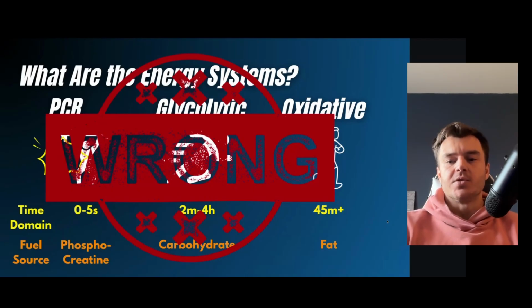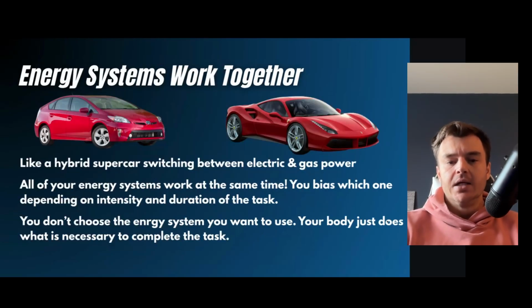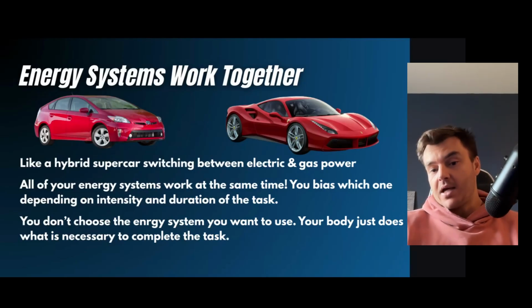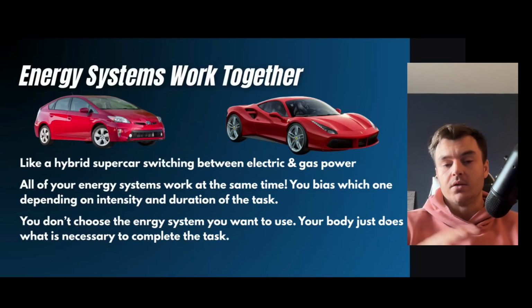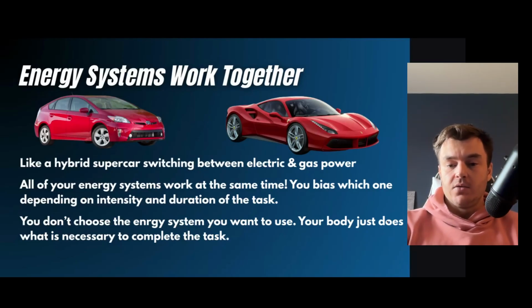Okay. So to provide some clarity, your energy systems all work together. Okay. And so a loose analogy that you can use is that your energy systems work like a hybrid car. You might have a Prius. You also might have a supercar. It really just depends on how fit you are.